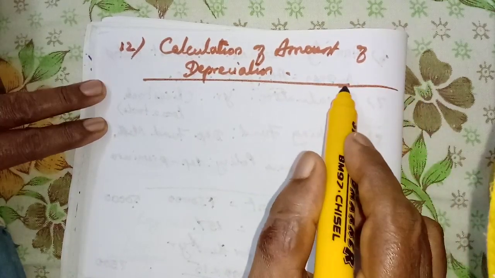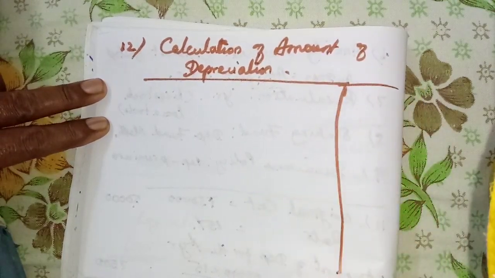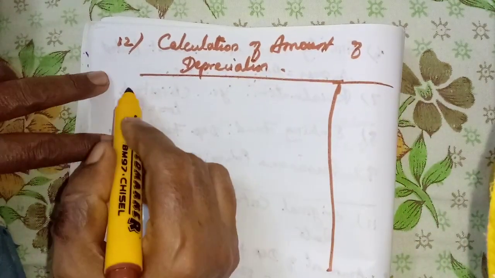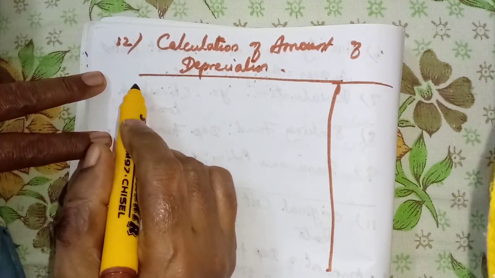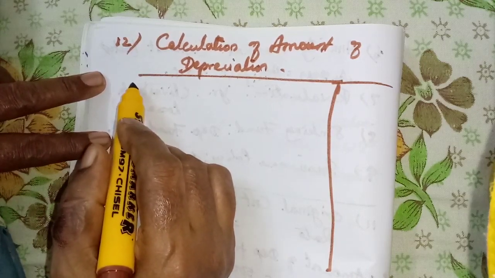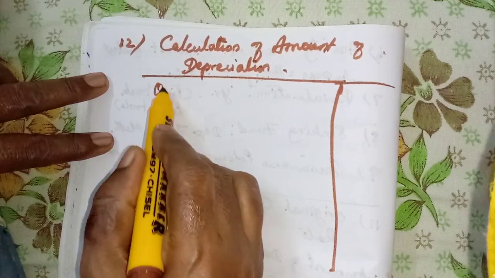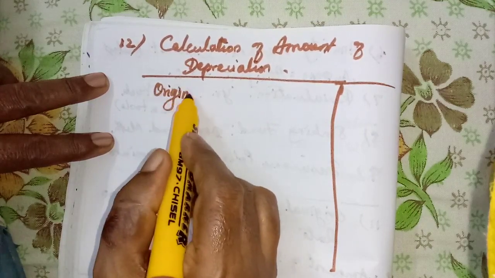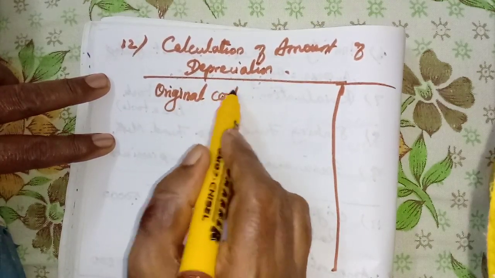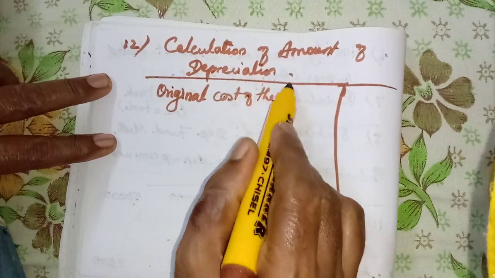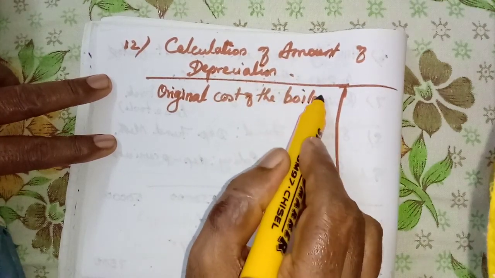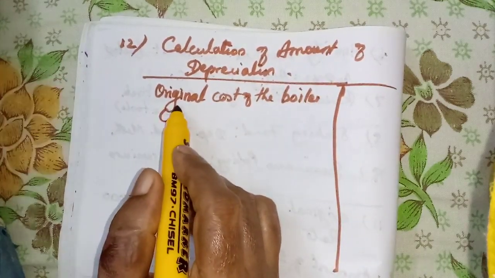Take one page. Okay. Original cost of the boiler. Here we need to add, isn't it?